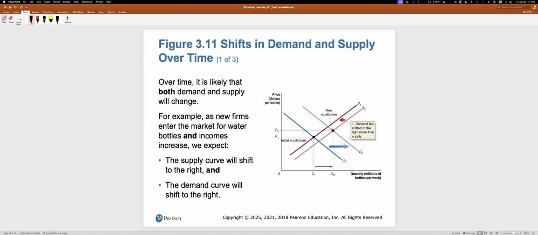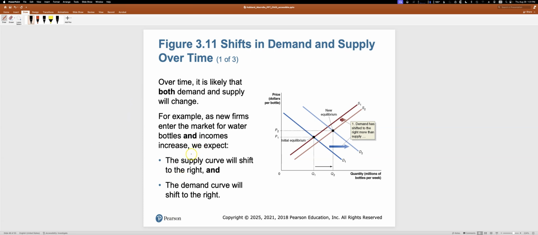The complications come from the fact of when I change two curves. Then you actually need to know a bit more information. So in this case, I have more firms and income is increasing. And I'm guessing we're assuming this is a normal good still.